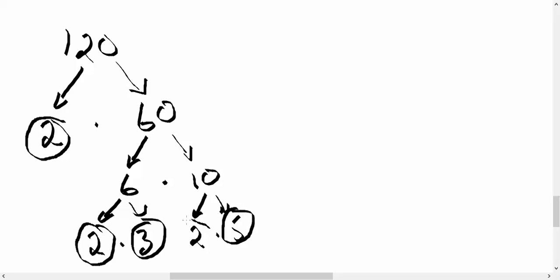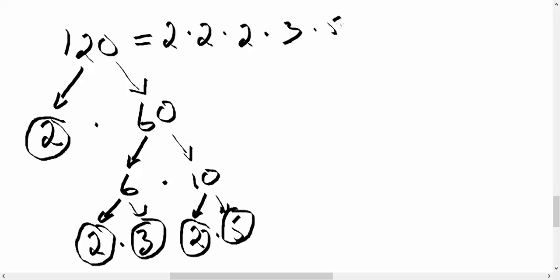I'll circle each of those. Okay. And so 120 is 2 times 2 times 2 times 3 times 5. And another way of writing that is 2 to the power of 3 times 3 times 5.